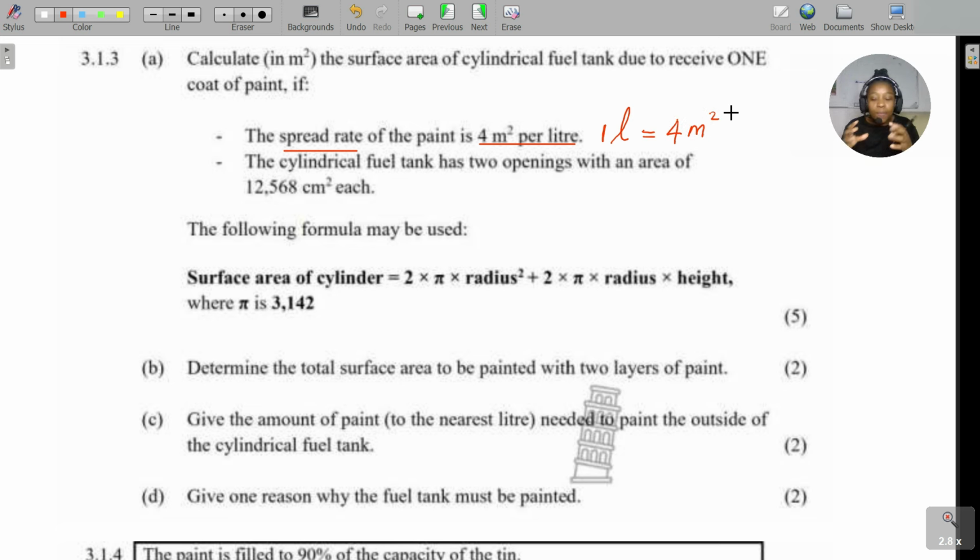So all the time when you're given a statement where you're given a rate like 12 rand per liter, that is a rate, 5 meters squared per liter, so that per something, this per this, that is a rate. You can always change that rate into an equation, right?